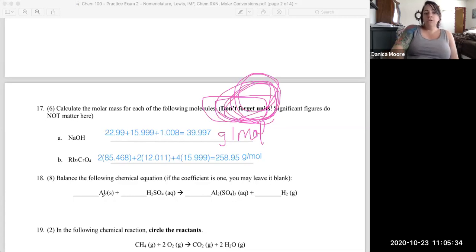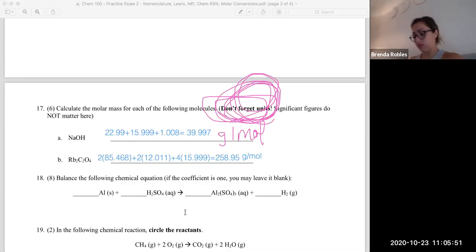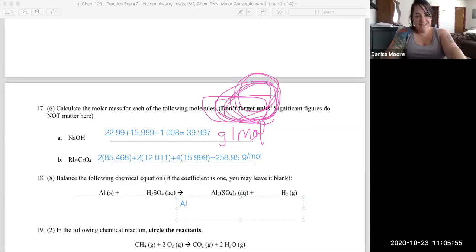Okay. So balance the following chemical equation. For balancing problems, we're always going to make our little table: Al, H, and SO4.